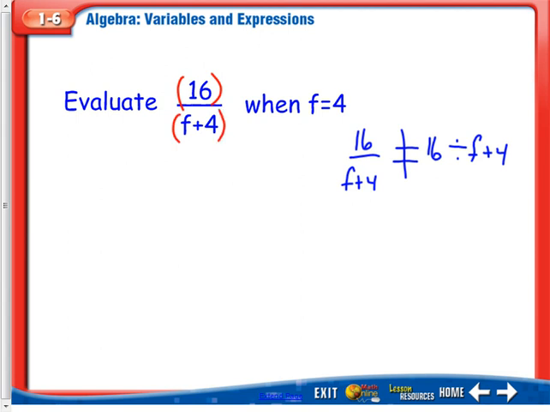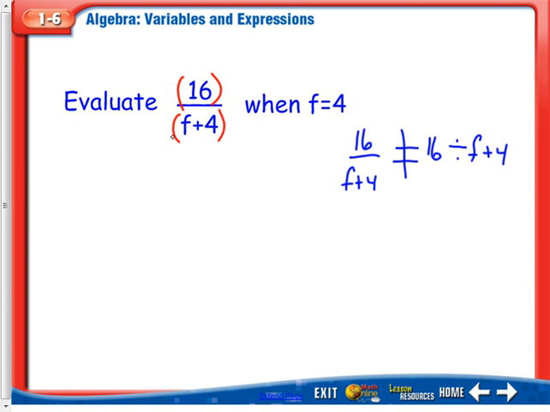So when division is written with that big division bar, and you have a numerator and a denominator, you have to evaluate the numerator by itself, which, since the number is 16, we don't need to do anything with. But the denominator has addition, so we need to substitute first and then evaluate the denominator before we can divide.